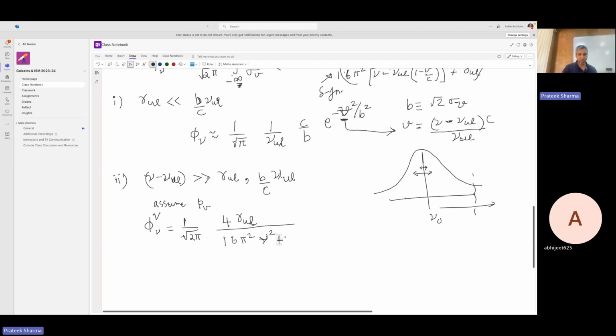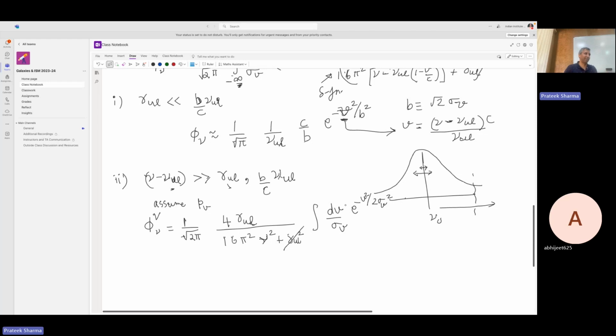And of course, this is also very small. So this is small relative to this. So in this case, phi nu Voigt, and then of course you have this integral dV by sigma V e to the minus V squared by twice sigma V squared. This is like treating the particle velocity distribution function as a delta function.